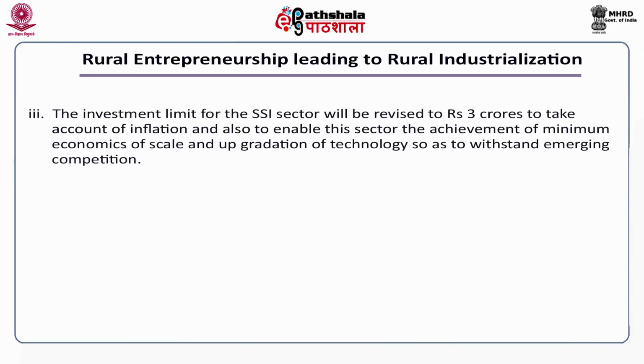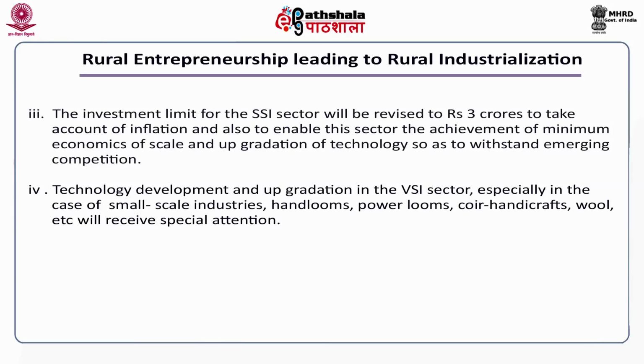Third, the investment limit for the small-scale industry sector will be revised to Rs 3 crores to take account of inflation and also to enable this sector the achievement of minimum economies of scale and upgradation of technology so as to withstand emerging competition.